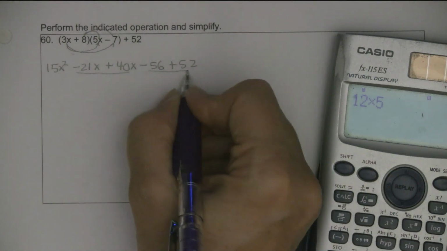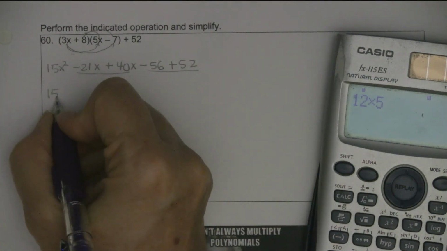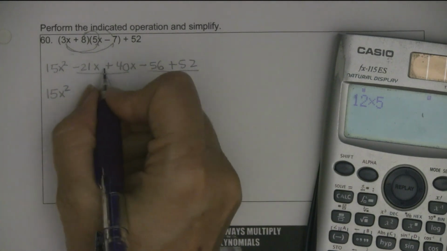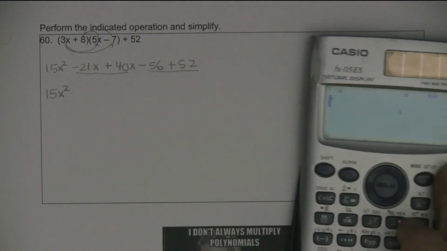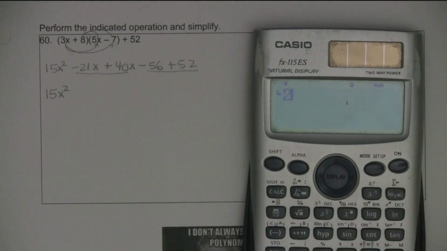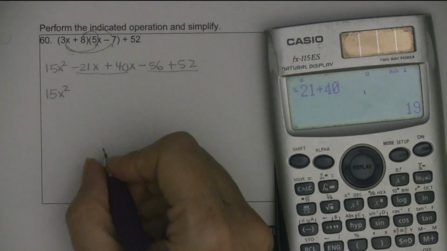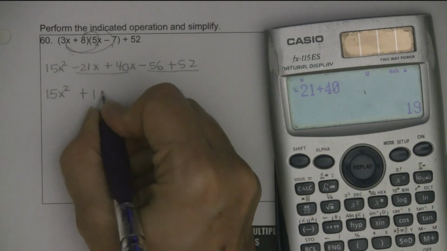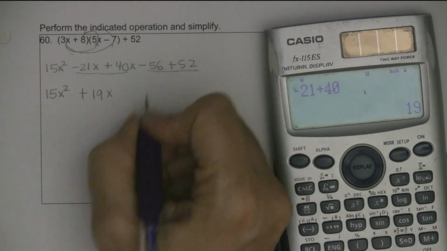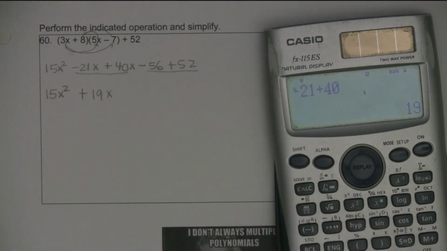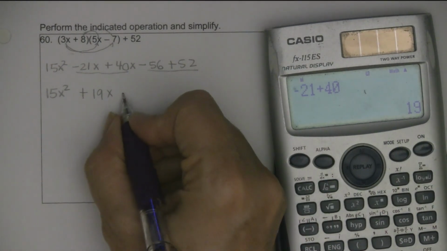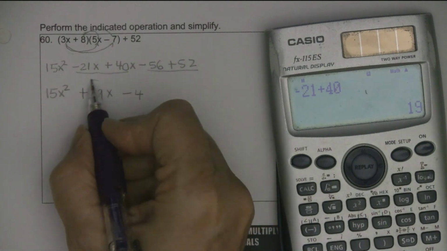Embarrassed to say, I think. So 15x squared. And then negative 21 plus 40. And I'm thinking it's 19. Oh, that's my favorite number. Plus 19x. And then minus 56 and plus 52. Is that 4? Minus 4? Great.